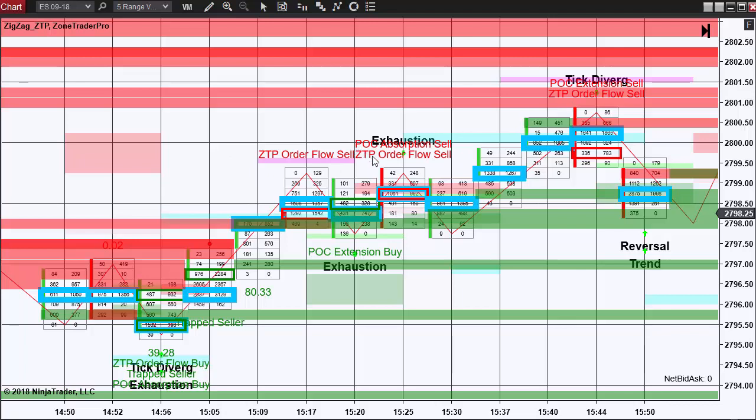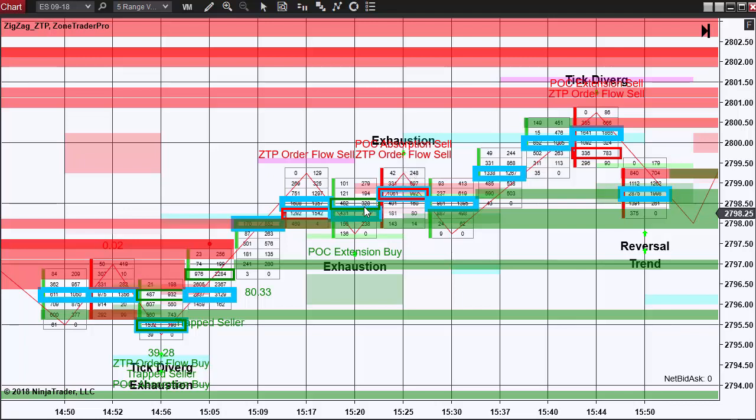It would be a good question as to whether or not you would be interested in taking the signals that were up here, two of which were a ZoneTraderPro order flow sell, and the second was a POC absorption sell, which occurred at an exhaustion trade. What is interesting to note is the absence of any ZoneTraderPro extension zones, which meant that there were not large amounts of market order sellers coming in these 3 or 4 bars.